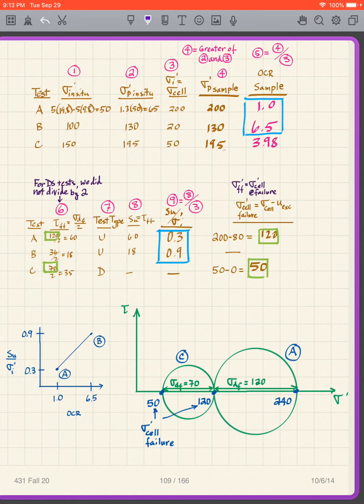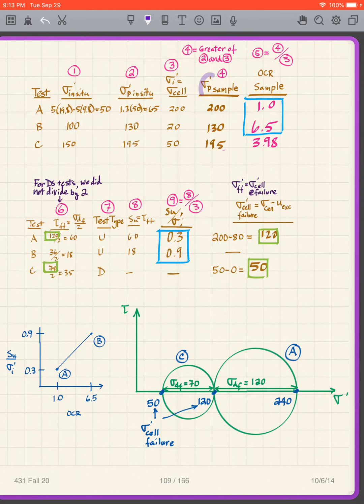From consolidation tests, which I haven't shown, but they would come from consolidation tests. So we multiply 1.3 times the sigma prime in situ, and we get 65, 130, 195 for those. The sigma prime I is the sigma prime cell. The sigma prime cell we're given, 200, 20, 50.